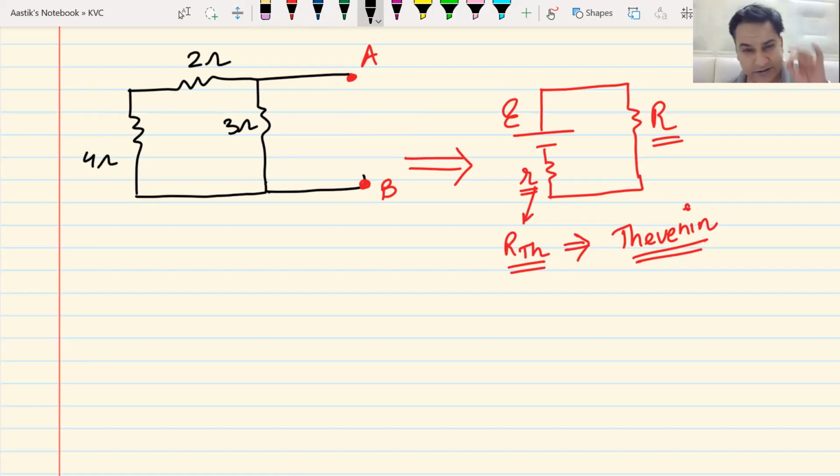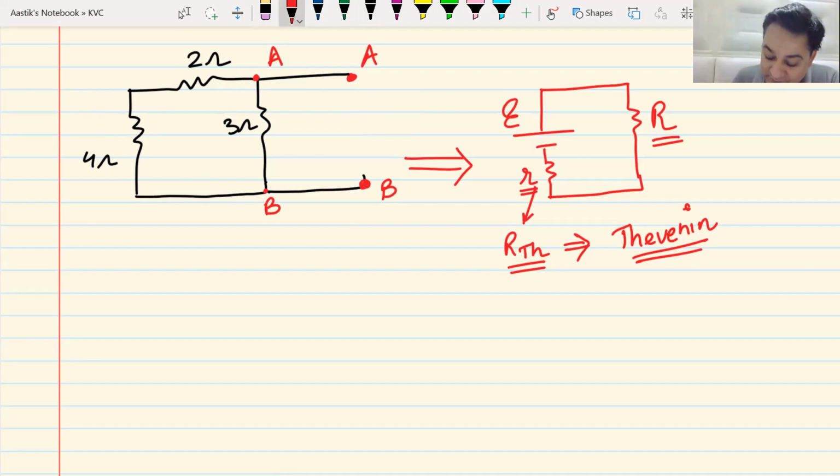Now you find the equivalent resistance between A and B. What is the equivalent resistance between points A and B? Points A and B come here, basically. 20/9. No. 2 and 4 are in series. That is 6. 6 and 3 are in parallel.